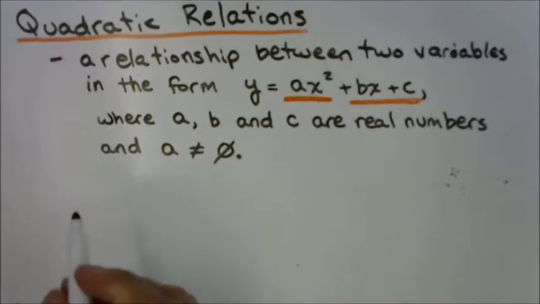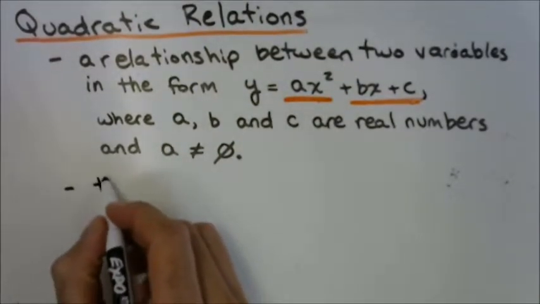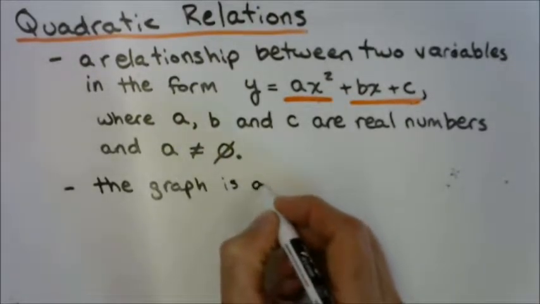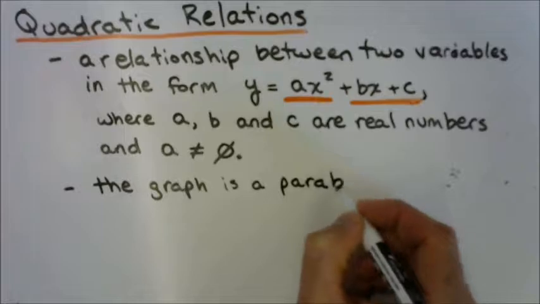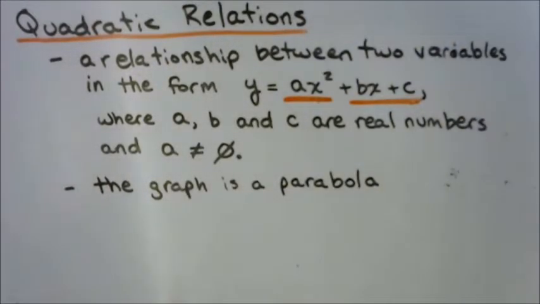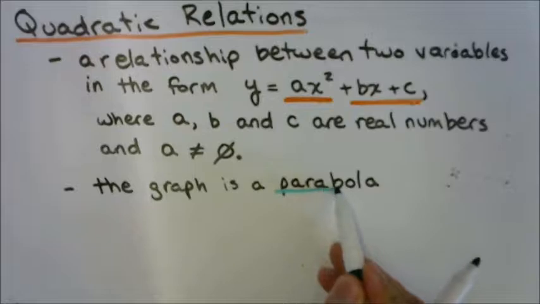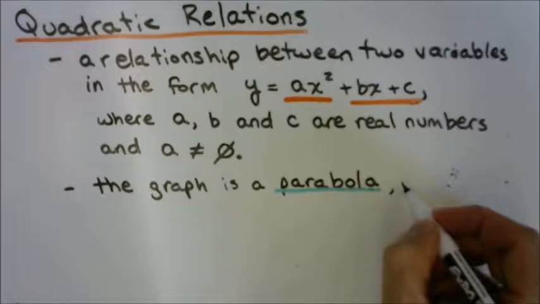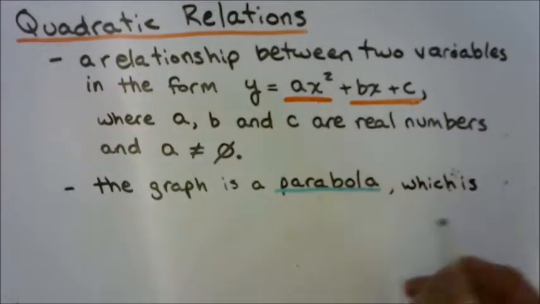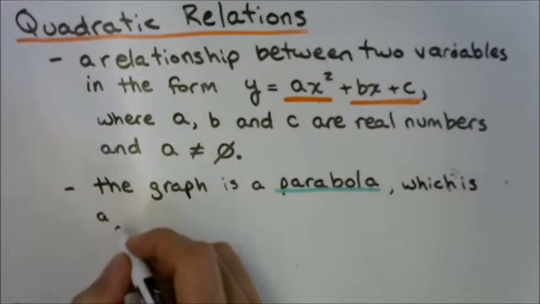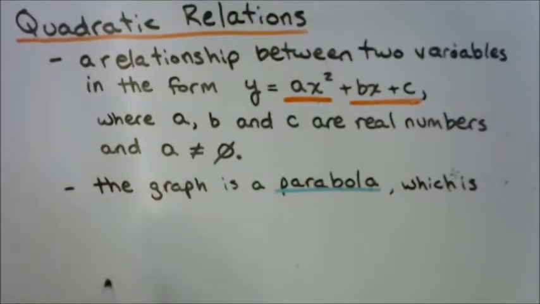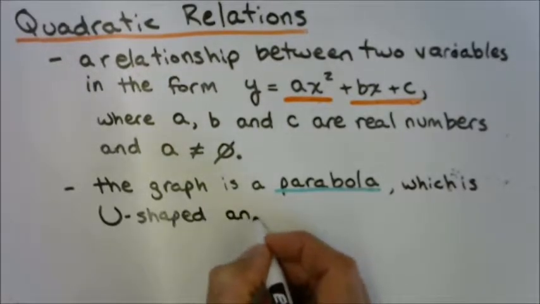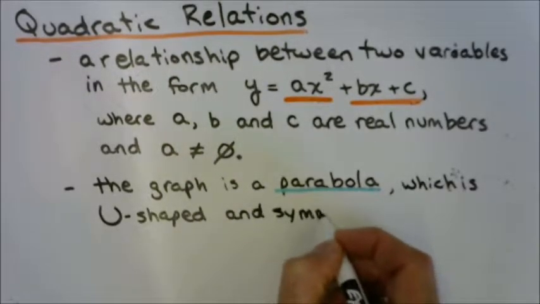The second thing we need to note about quadratic relations is the graph is a parabola. The graph of a quadratic relation is a parabola, which is U-shaped and symmetrical.